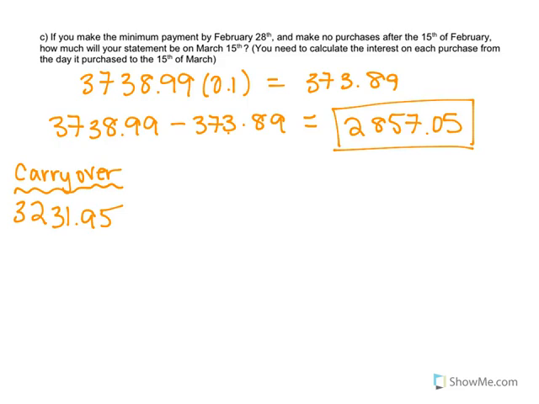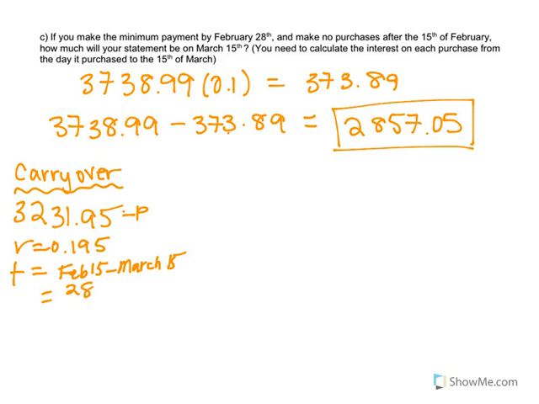Then we're going to have to do each of the purchases. So let's do the carryover first. So that's our P. Our interest rate is 1.95. And the term is from February 15th to March 15th, which is going to be 28 days, right? Because there's 28 days in February.